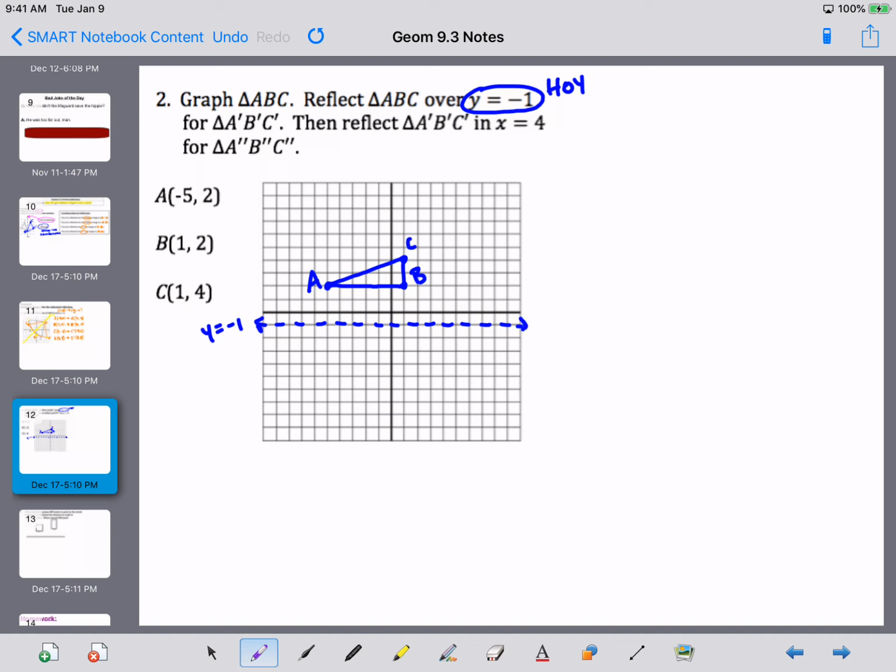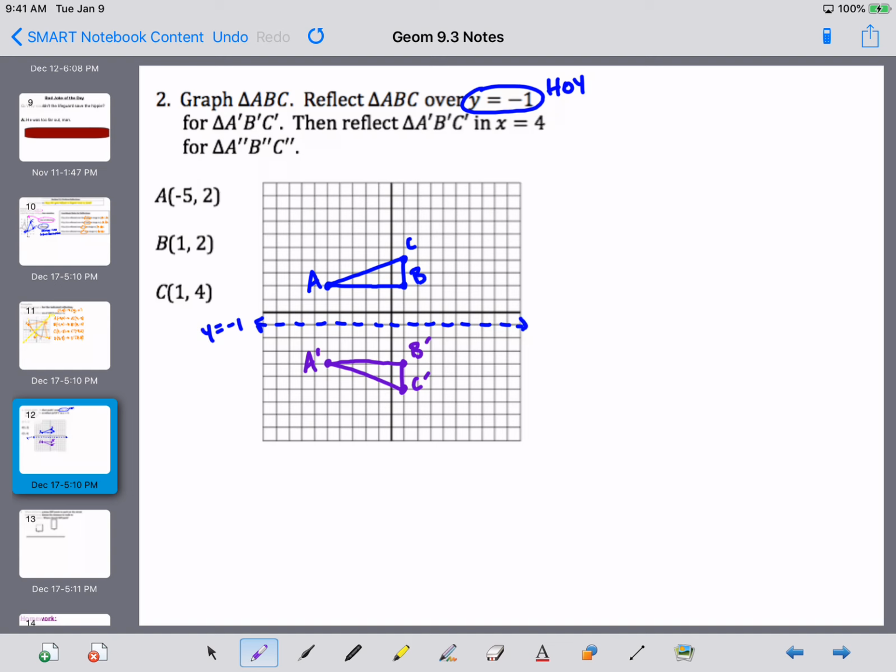So A was 3 above this line, so A prime is going to be 3 below that line. B was 3 above, so now it's going to be 3 below. And C was 1, 2, 3, 4, 5 above, so C prime is going to be 5 below. If you did that right, it should be the same shape, just tipped over that line.